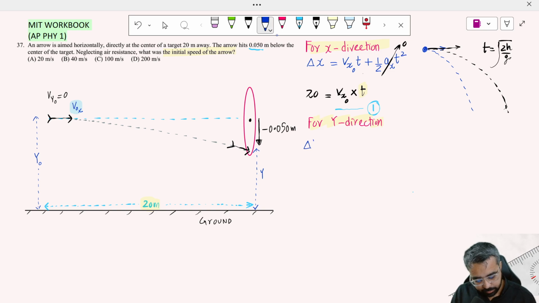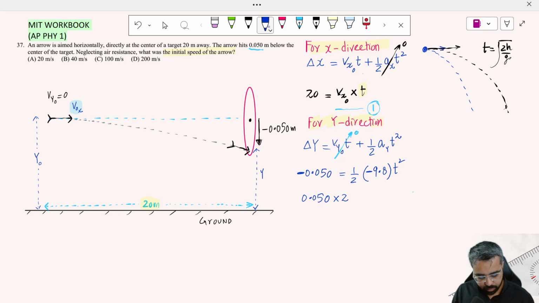So students, delta y equals initial velocity times t plus 1 over 2 acceleration in the y direction times t squared. The initial velocity along y is 0, and the displacement covered vertically downward is negative 0.050, equals 1 over 2 times negative 9.8, that's the acceleration, times t squared. So you can simply solve it.